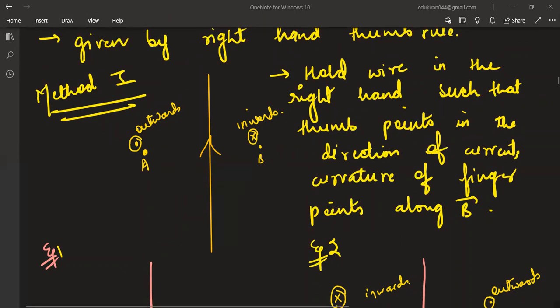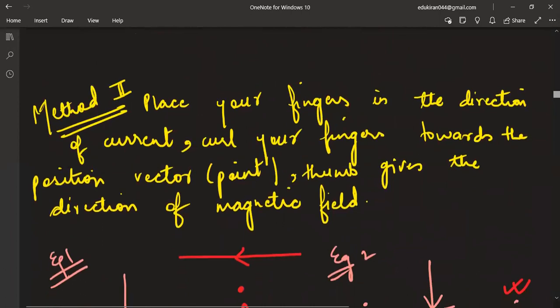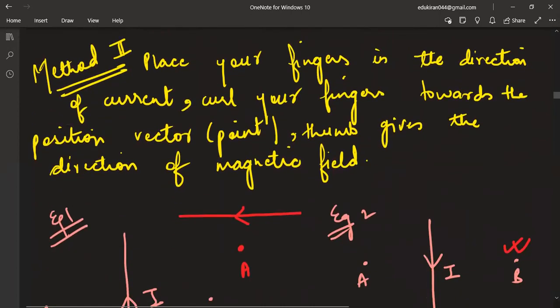The second method that you can also use is to place your fingers in the direction of current. Right now you were keeping the thumb in the direction of current. Don't keep your thumb, keep your fingers in the direction of current. But how? It can be in any direction.